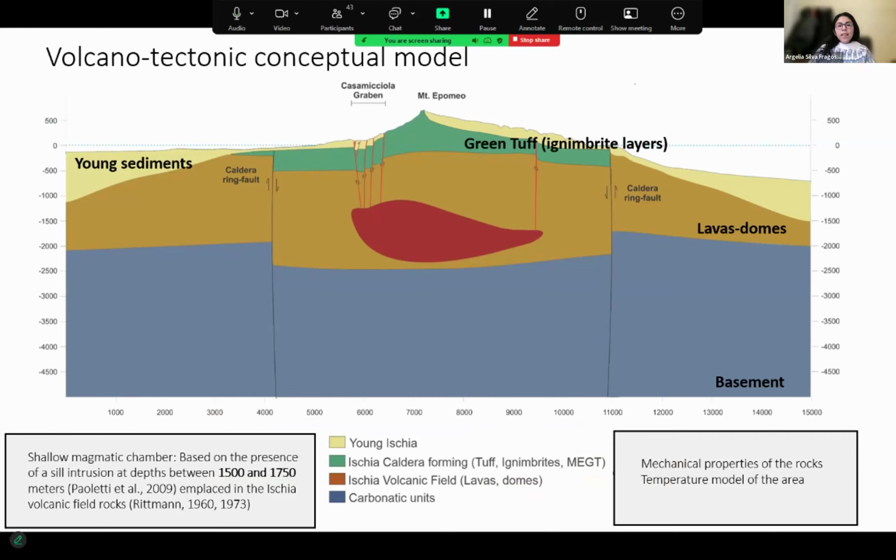But besides the uplift of this resurgent block, the presence of an east and west normal fault system was also developed in order to accommodate all of this vertical displacement after the resurgence of the caldera of approximately 1 kilometer. And these faults are those that are linked with the occurrence of the earthquakes that have struck the north part of the island.